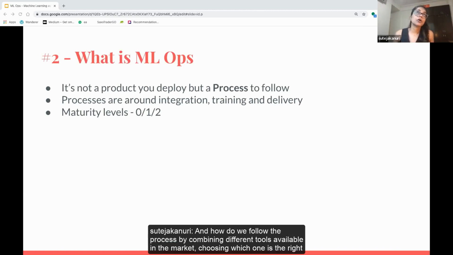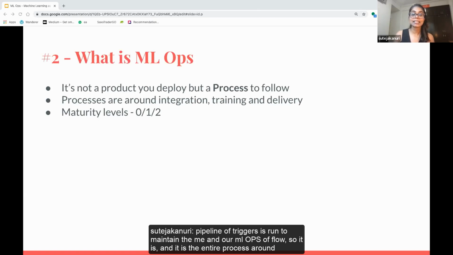And how do we follow the process? By combining different tools available in the market, choosing the right one among the various competing tools, and then plugging it into our ecosystem based on the industry and its maturity, and ensuring an automated pipeline of triggers is run to maintain the entire MLOps flow.